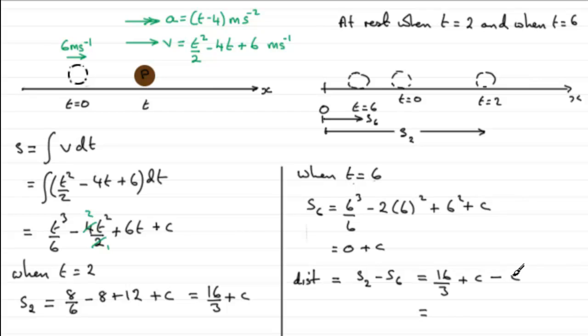Then the c's cancel, we're left with 16 over 3, or 5 1/3 meters. The distance then between where the particle comes to instantaneous rest. Okay, well, I hope that's given you some idea now how to go about that question.